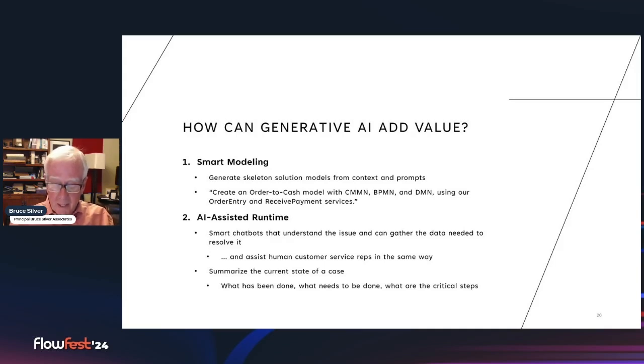It can create skeleton BPMN, CMMN, and DMN models and the links between them. It can create forms to enter or display the data used in various parts of the solution. If your context includes existing services that might be used in such a solution, it can use those as well.